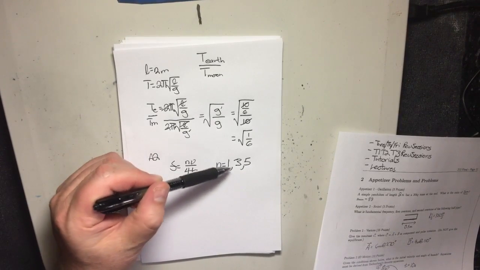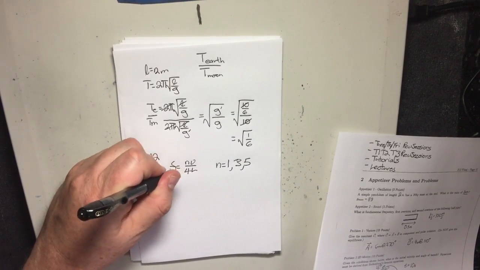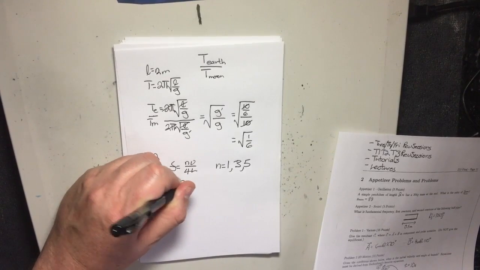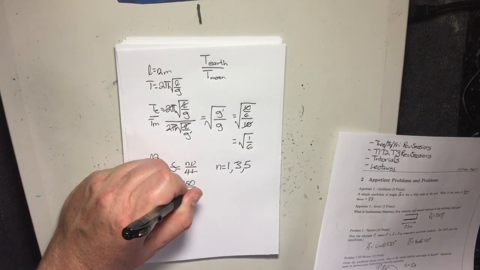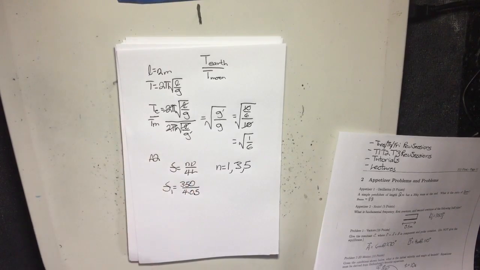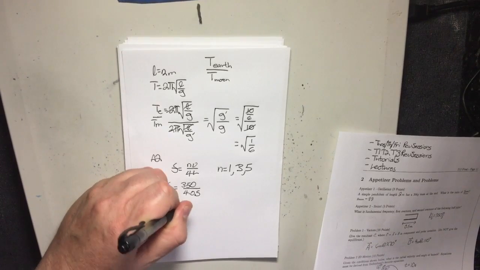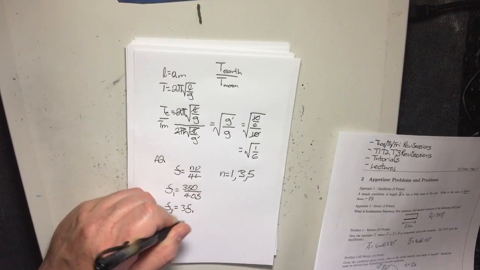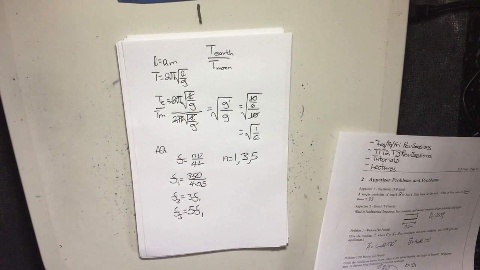This is the fundamental, first overtone and second overtone. So what you do really is you find F1, which is just 350 over 4 times 0.5. And then F3 is 3 times F1, and F5 is 5 times F1. So then you plug all that in.